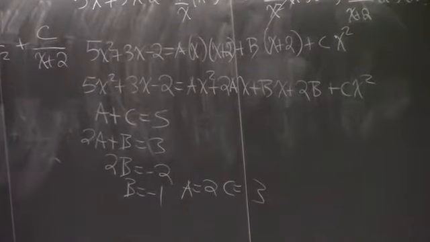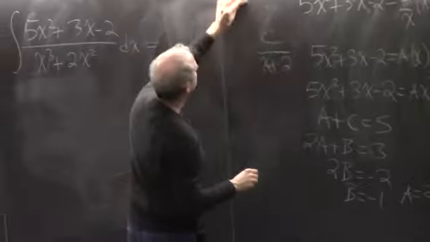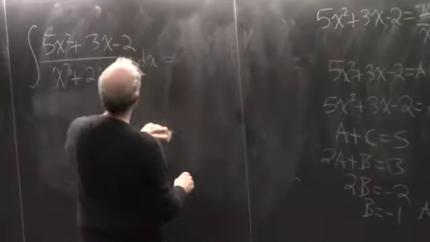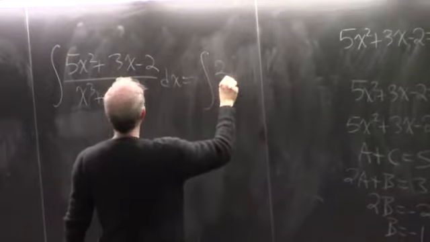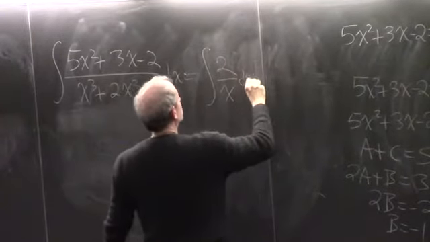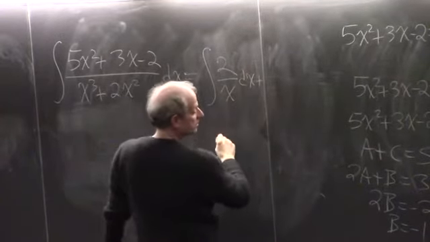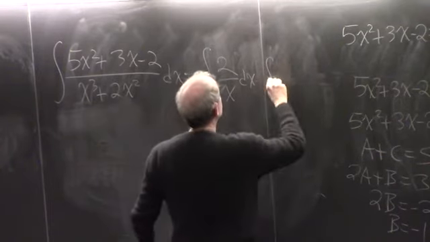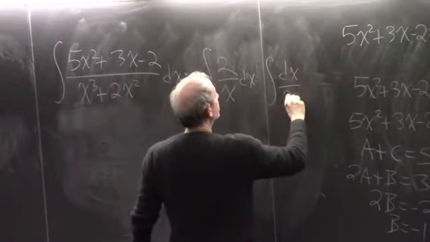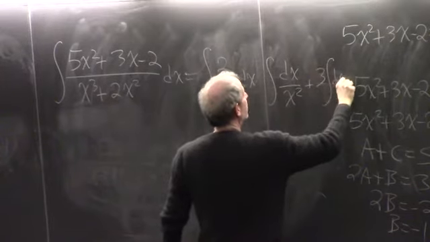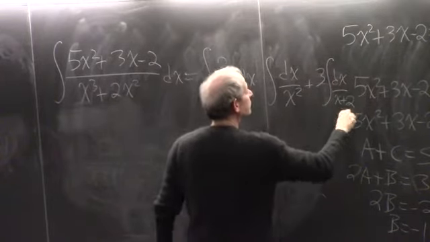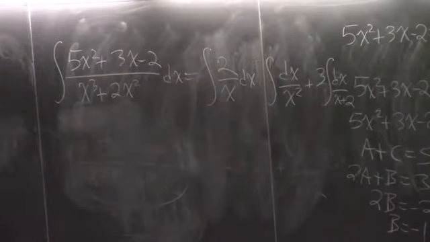That means we can rewrite this as the integral of 2 over x, plus minus 1 over x squared dx, plus 3 over x plus 2 dx.